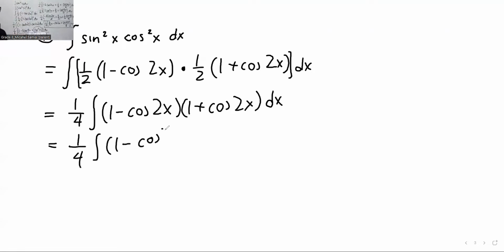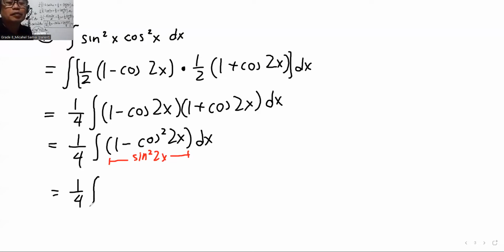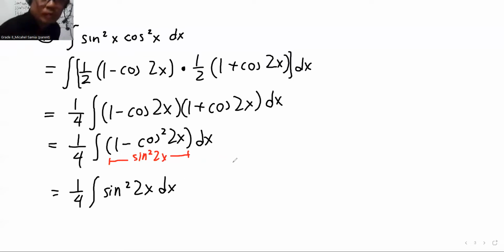1 minus cosine squared 2x. Using trigonometric identities, this will just be 1/2. I will apply the power reduction formula again.